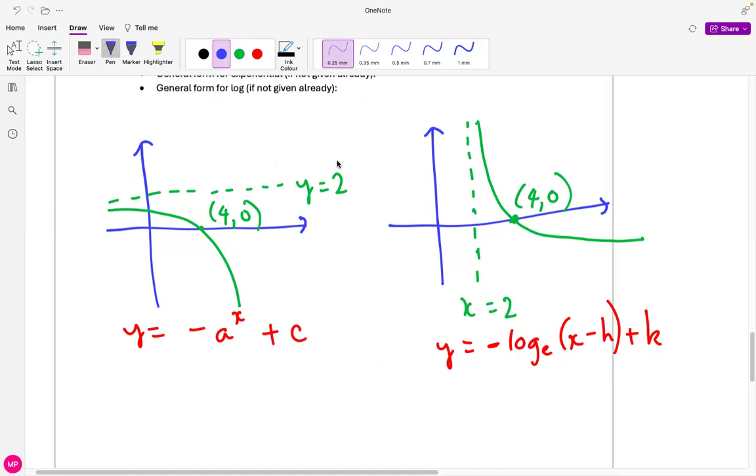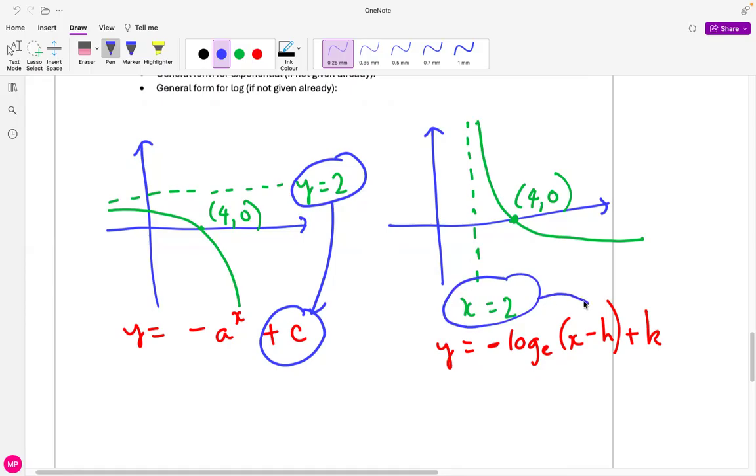And for exponential, y equal to, this is the asymptote, which is the translation up and down. So you can see the c is moving up and down. Whereas for log, the asymptote will be x equal to, which is actually affecting the x value.